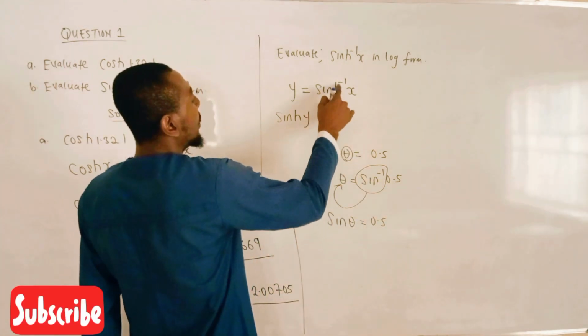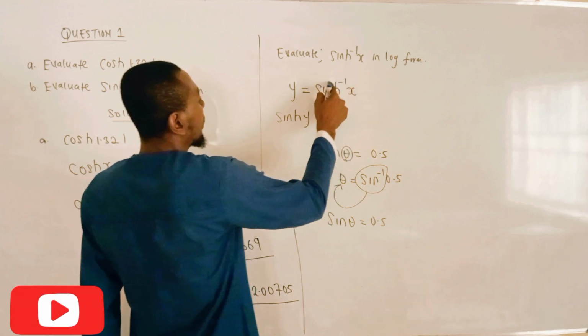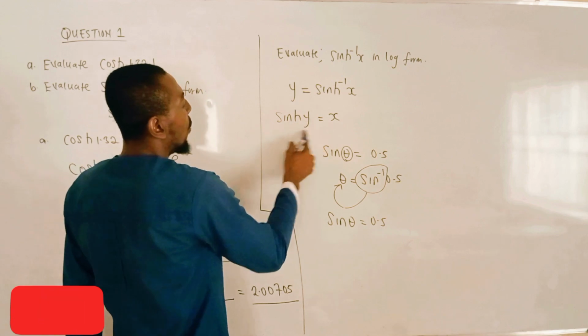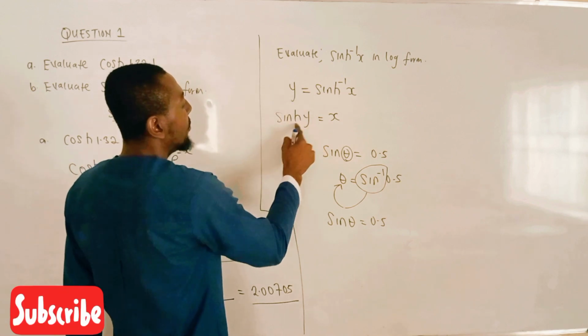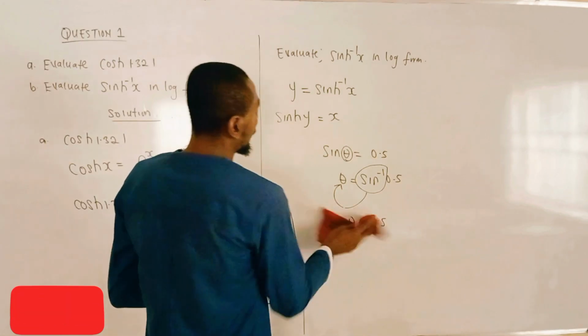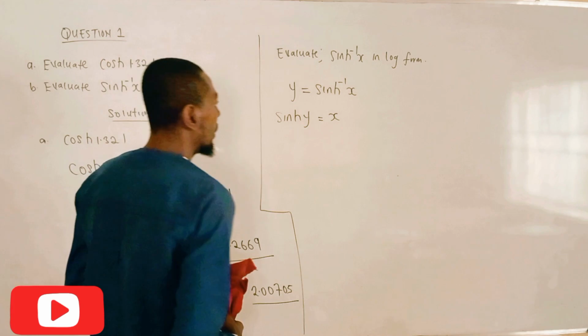So sinh inverse of x, if you take away this inverse to the other side, turns to sinh of y. The inverse will be removed. So we have sinh of y equal to x.